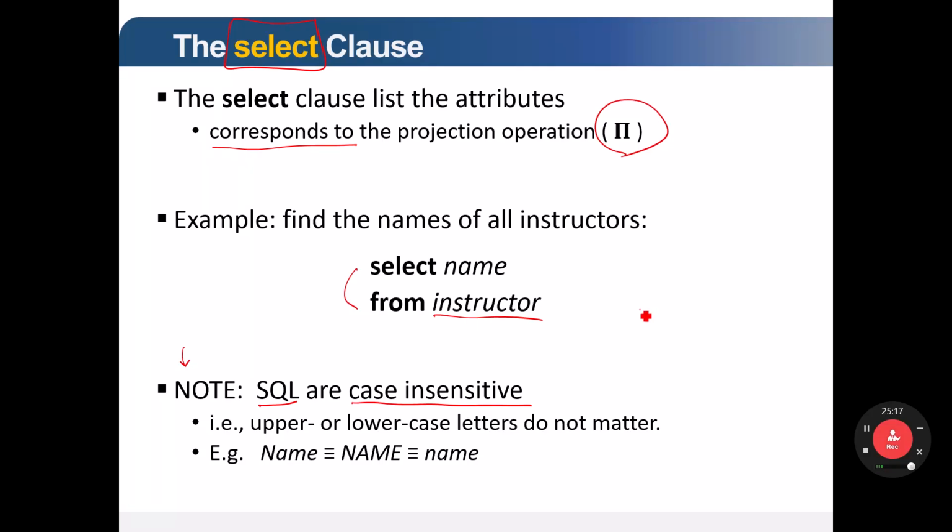Only the values inside the parentheses, only those values specified inside double quote or single quote care about cases, uppercase or lowercase, but all other SQL statements, all other keywords and table names, are case insensitive. So this camel notation is no different from notation with all lower letters or all upper letters. They are equivalent.